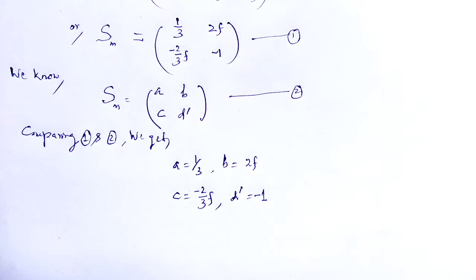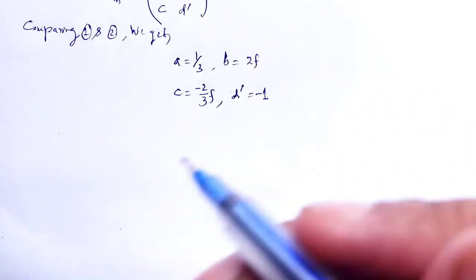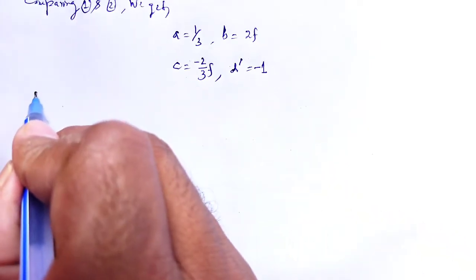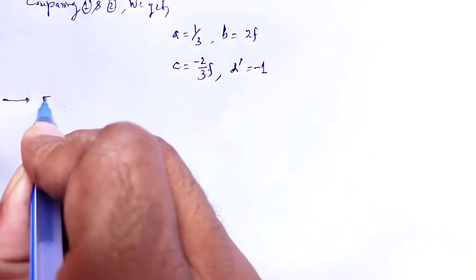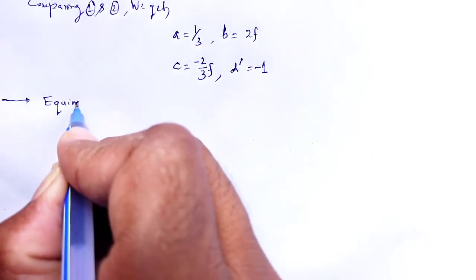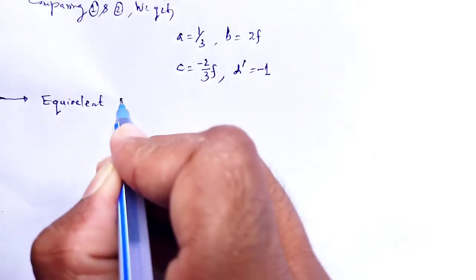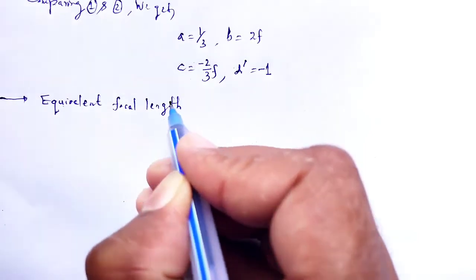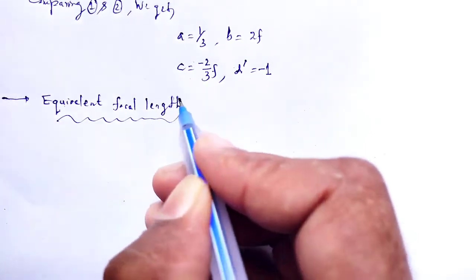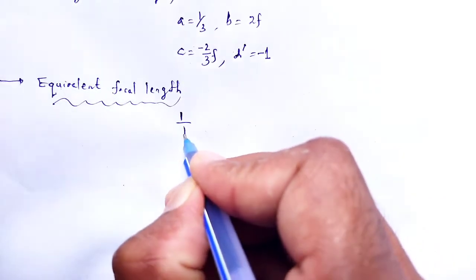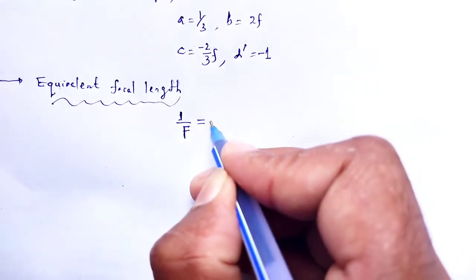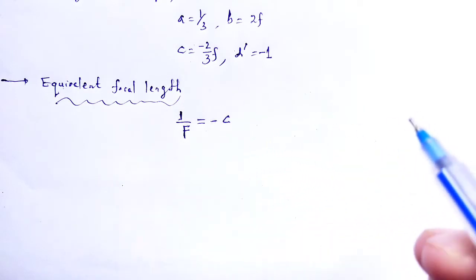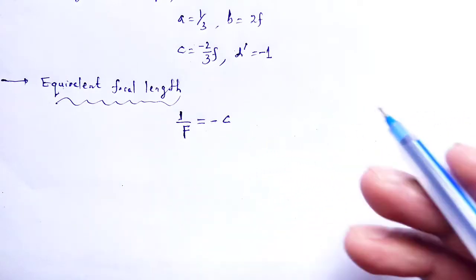Now we can easily calculate the equivalent focal length. So the equivalent focal length: 1 by f is equal to minus C, as we studied in the case of locating the cardinal points by using the system matrix.